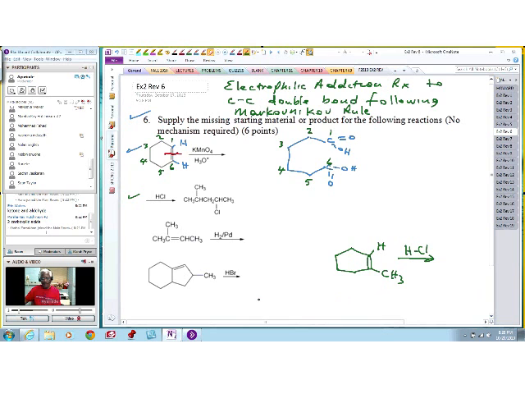So this is a case of the rich get richer. So the hydrogen will attach to the carbon that contains more hydrogen, and the nucleophile will attach itself to the carbon that contains less hydrogen.